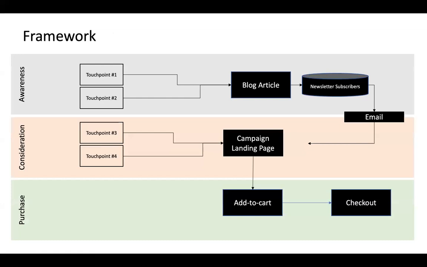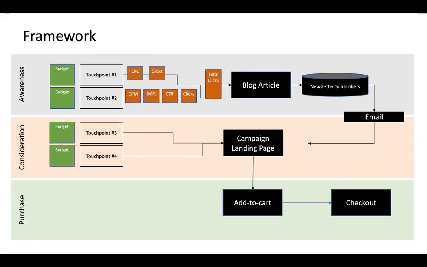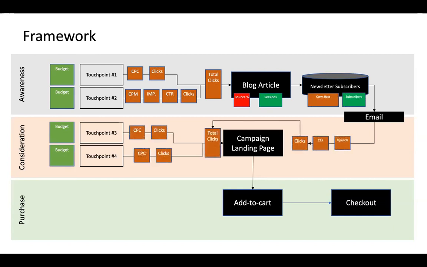So this is the framework I provided. This template should be available in the assignment. It shows the touch points, how much money you are allocating, what budget you're allocating for each of the touch points, and how you are going to convert that budget into traffic, and then into some more valuable type of interactions. The same for the mid funnel, and then how you are going to turn those upper funnel and mid funnel interactions into transactions.